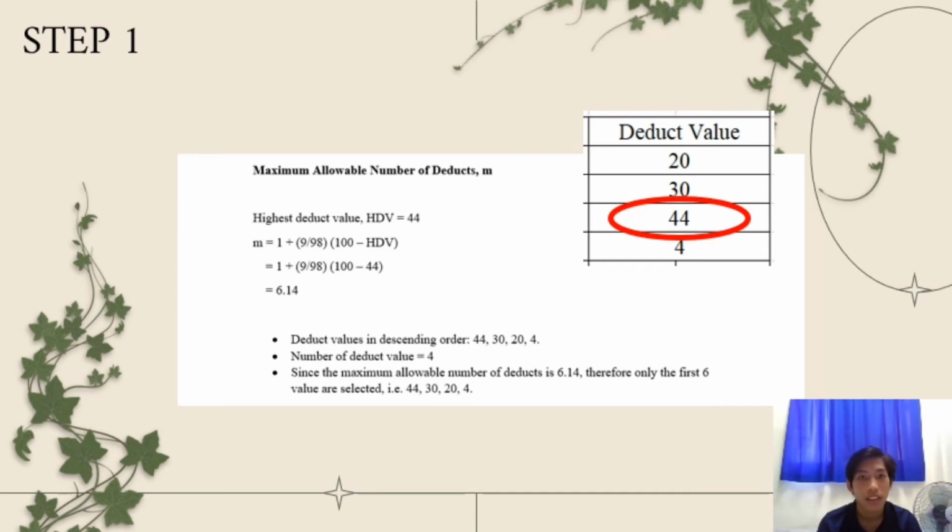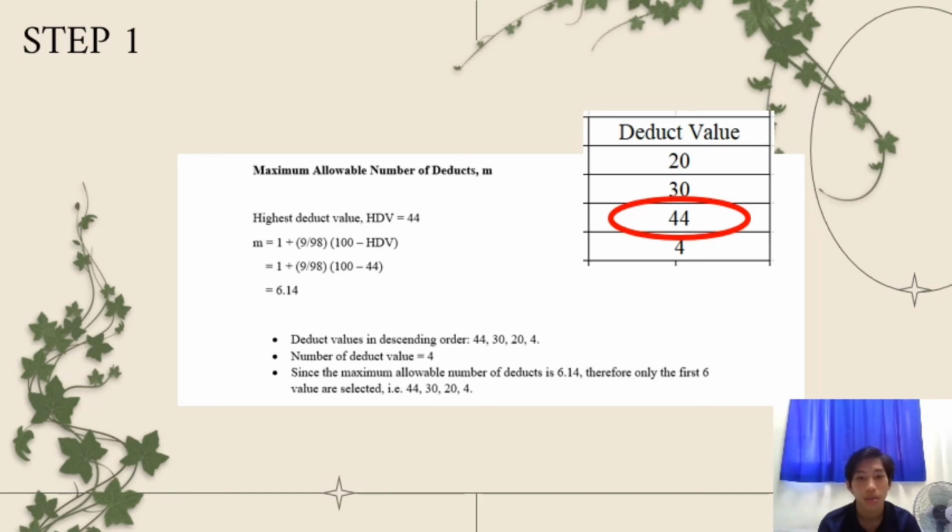For example, in sample 2, we need to find the highest deduct value, which in sample 2 is 44, and then we substitute in the formula to get the maximum allowable number of deducts, which is 6.14 for sample 2. And then we arrange the deduct values in descending order, 44, 30, 20 and 4 for sample 2.